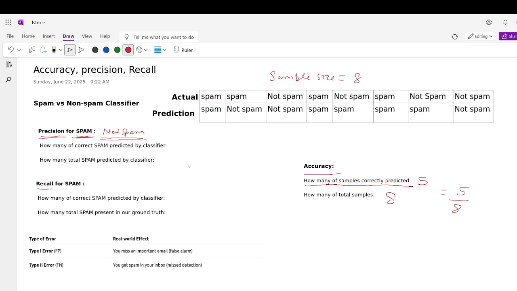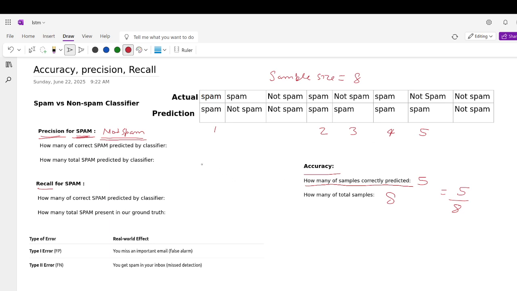Again, how many times is spam predicted by the model? 1, 2, 3, 4, 5, right?